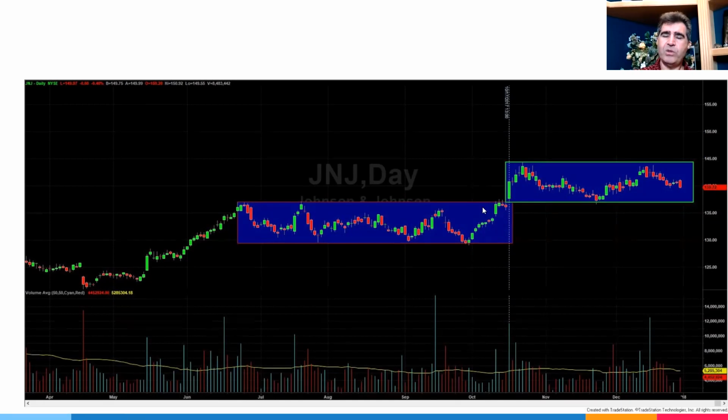Now, as you know, the rule for rectangles, triangles, head and shoulders, is we look from the bottom to the top and see how much of a movement we've had. In this case, it was about $6.50 up and down. So generally the next movement is going to be about $6 to $7. And that's what we did here.